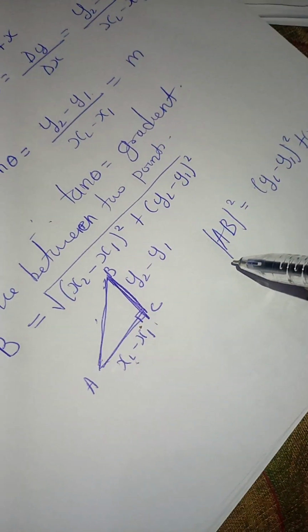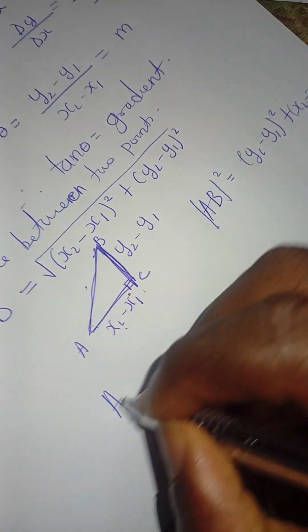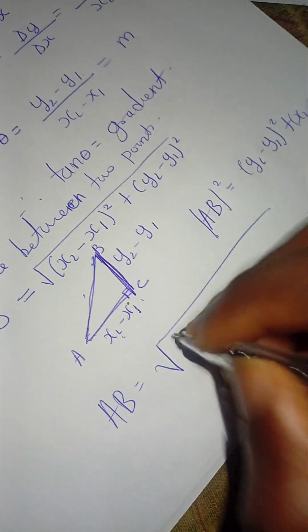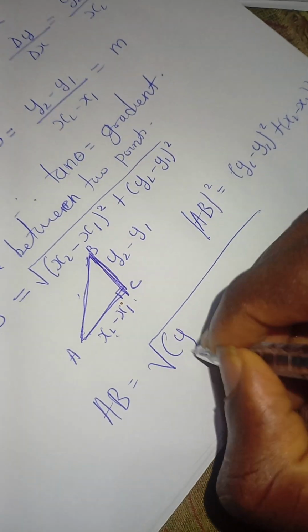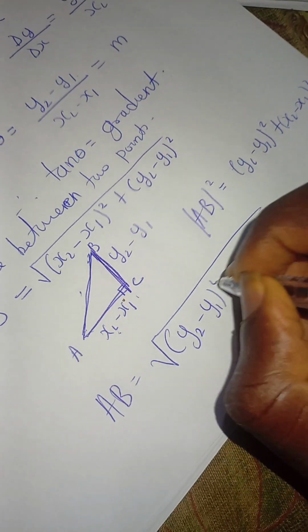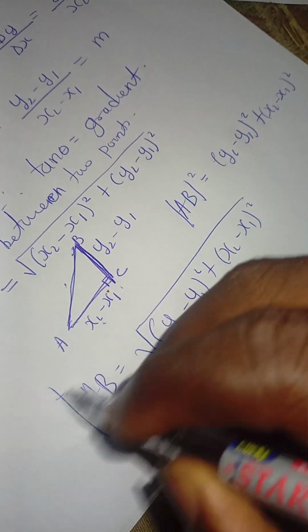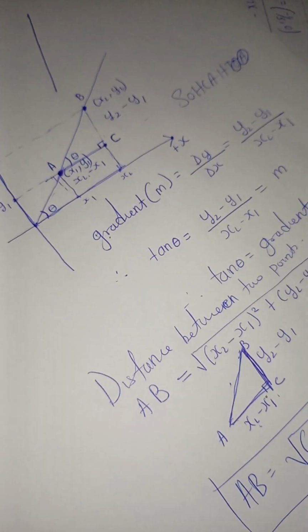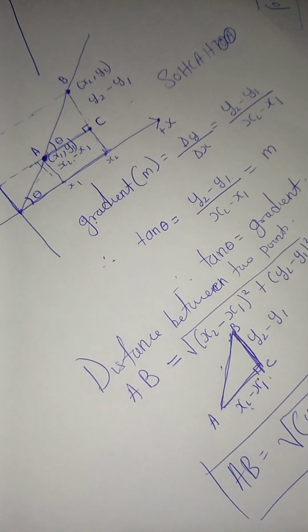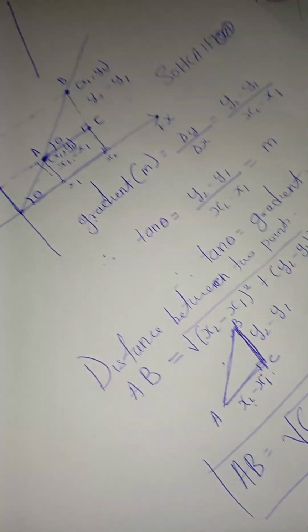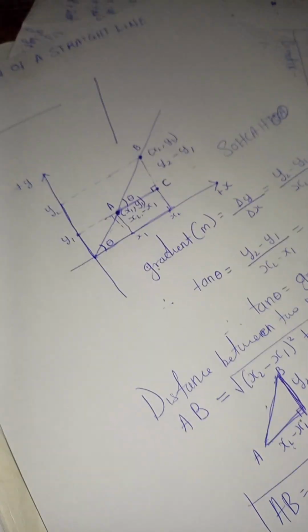I don't want AB to have a square, so AB is equal to the square root of (y2 minus y1) all squared plus (x2 minus x1) all squared. So we have basically dealt with the foundation of the equation of a straight line.